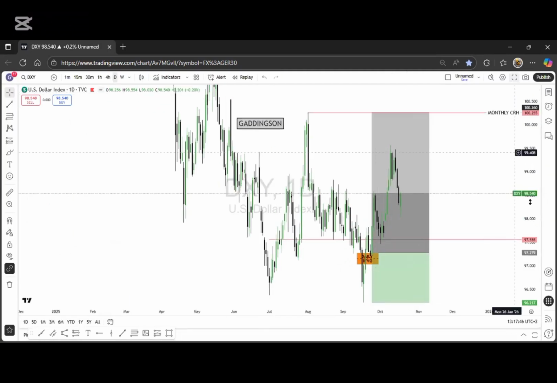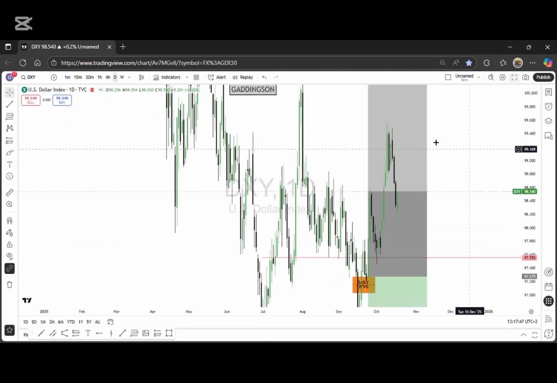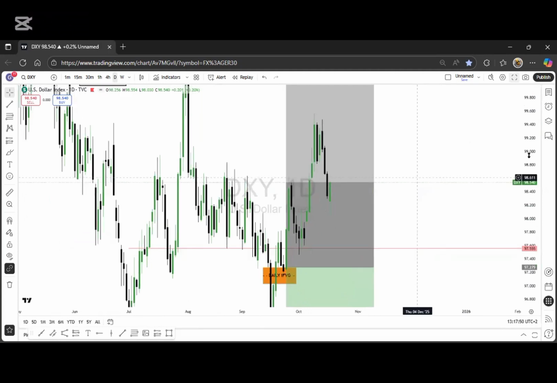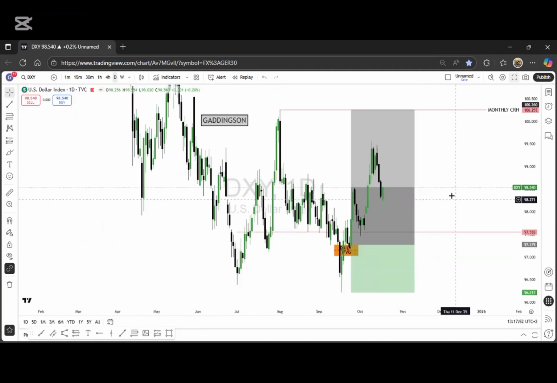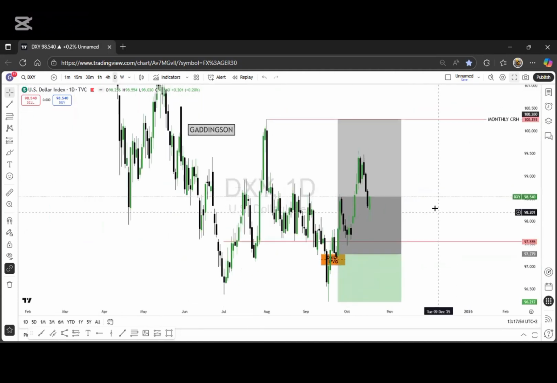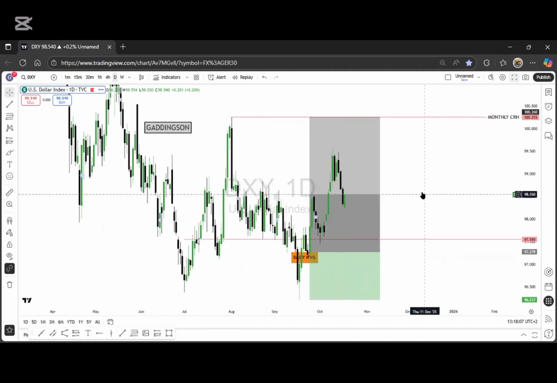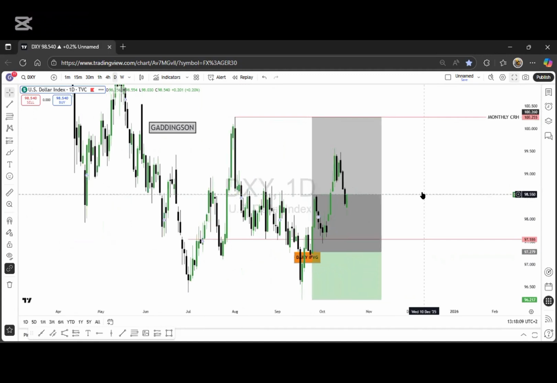So yeah, I'm gonna start from the DXY. What made me believe that the DXY is going upside for the whole of October or the whole 3 weeks? Well, I'm also a swing trader, by the way. I analyze on daily, 4 hour, weekly, sometimes monthly.